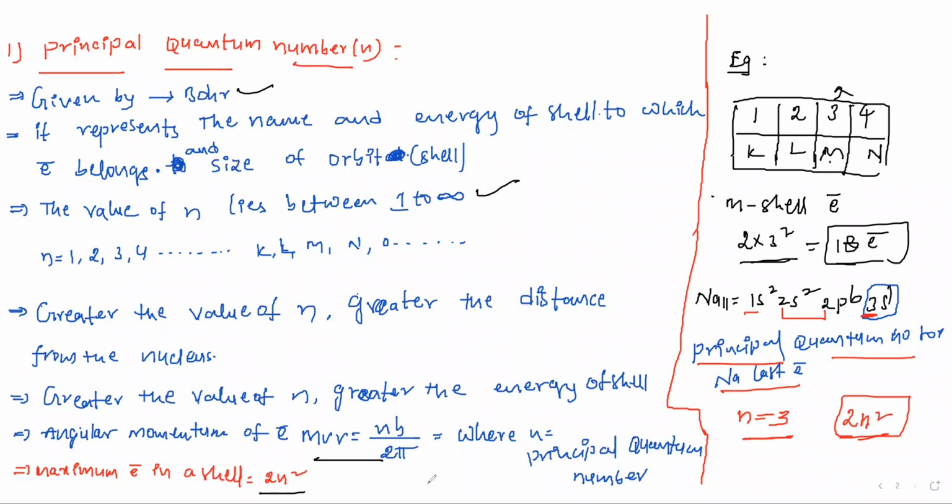Okay, I should give one more example. Did you copy this one? I will remove this page and explain. Okay, I am removing this page. One more example I am explaining regarding the Bohr atomic model.